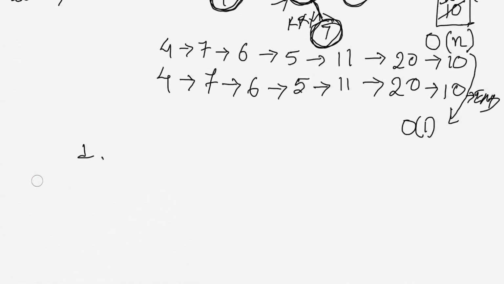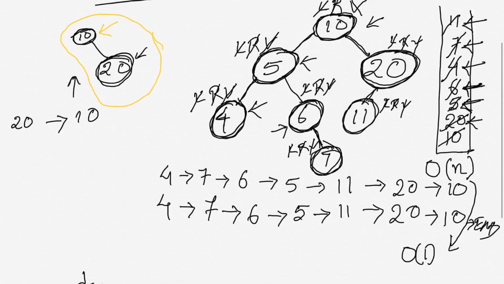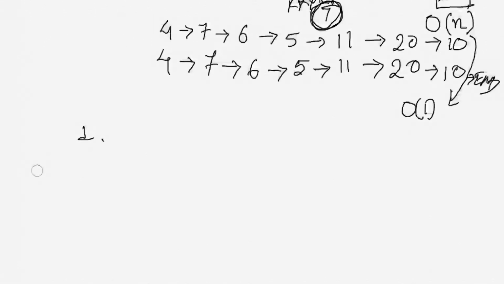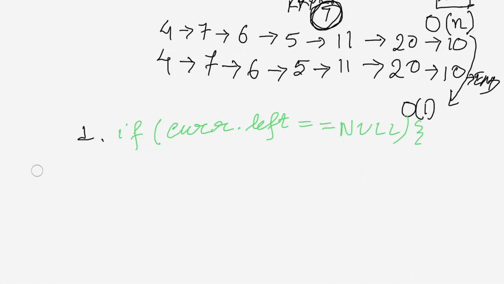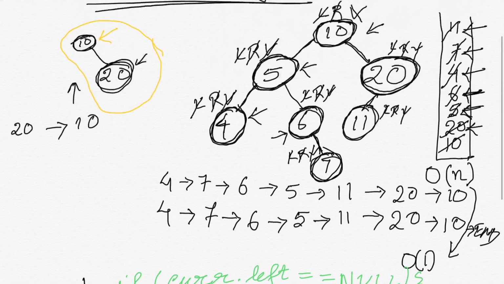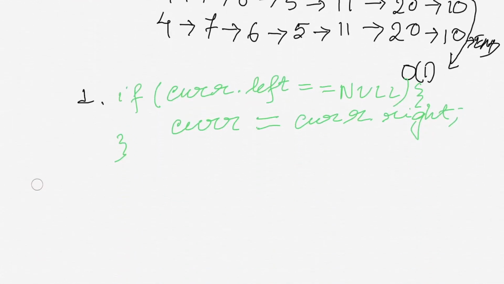I'm just doing it step by step, so that we can easily convert our thoughts into working code. So if the current node has no left child, then just move on to the right child of the current node, and then later we will see how we come back to the root to print its value.